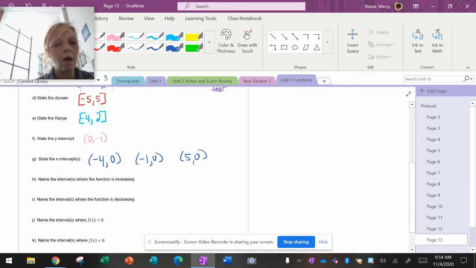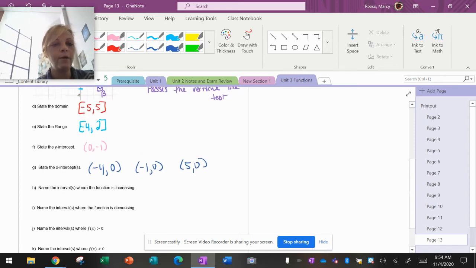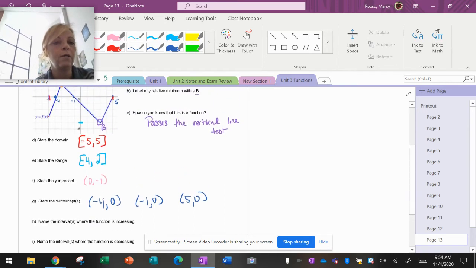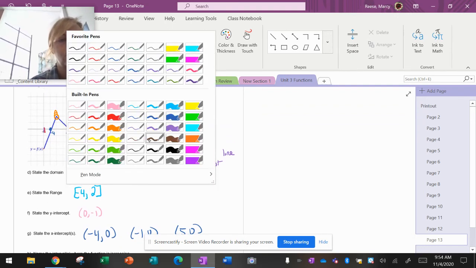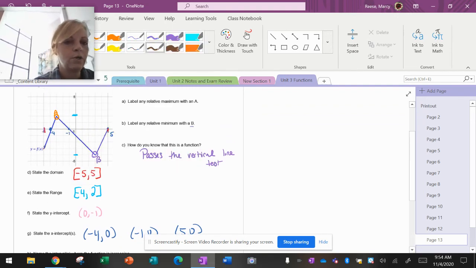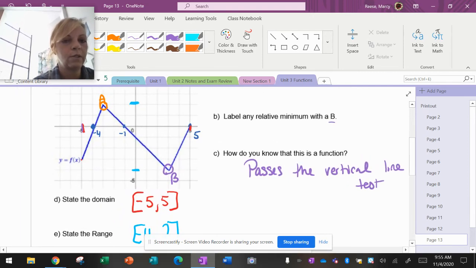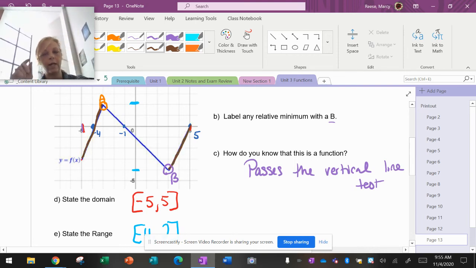All right. Name the interval where the function is increasing. Let's do some color coding again. Increasing. Let me make it big for you guys. Going up a hill, looking from left to right, going up a hill, okay? We look again at the x's. Do not look at the y's for this.